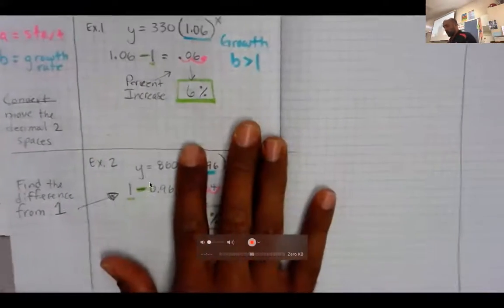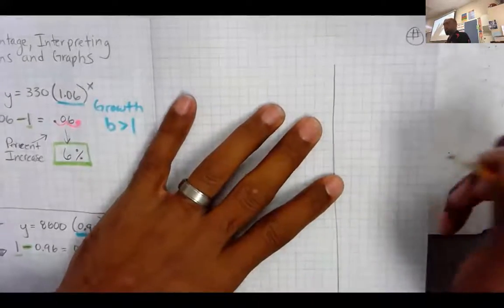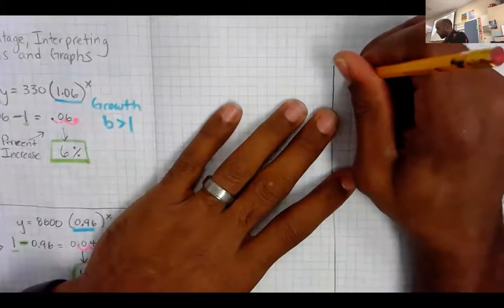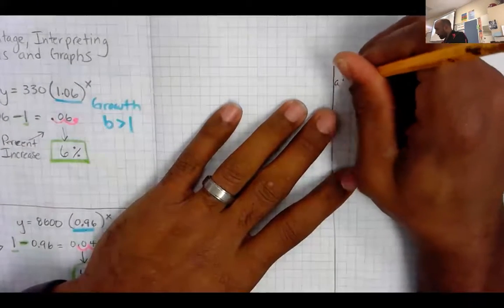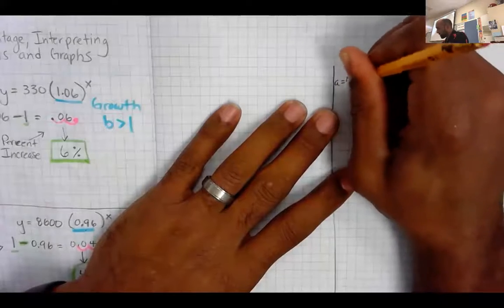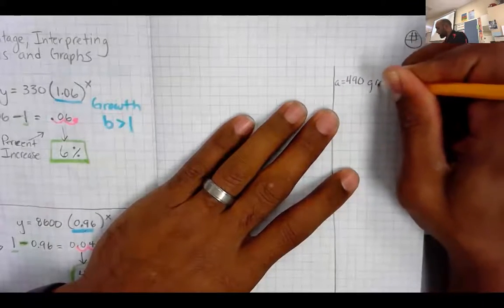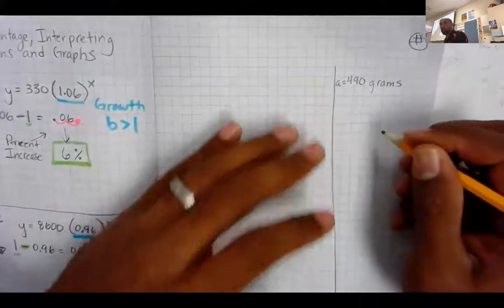We're going to put the details over here to the right. We're starting with the A value, which is 490 grams of some element. We don't know what the element is, it doesn't really matter.